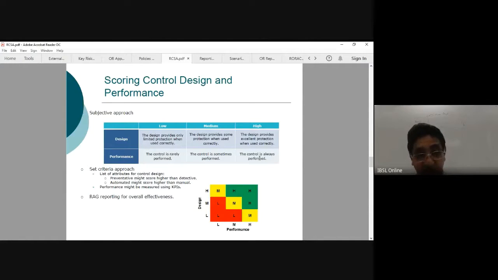The risk is high. If the performance is low and the design is medium, there also it is risky, it is red. So you can just see the color code. Now, when you have high performance and high design, then you are in the green direction. So that is the low risk level. So likewise, you can have a qualitative evaluation for the controls.